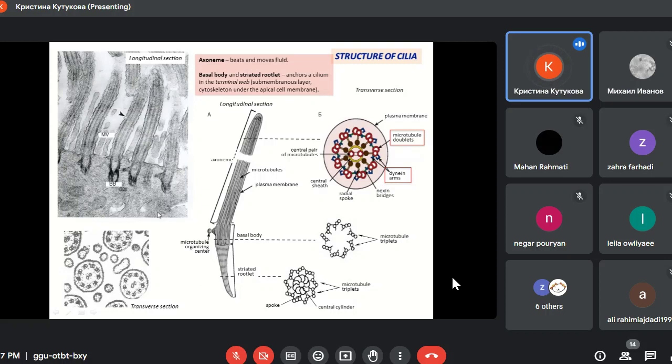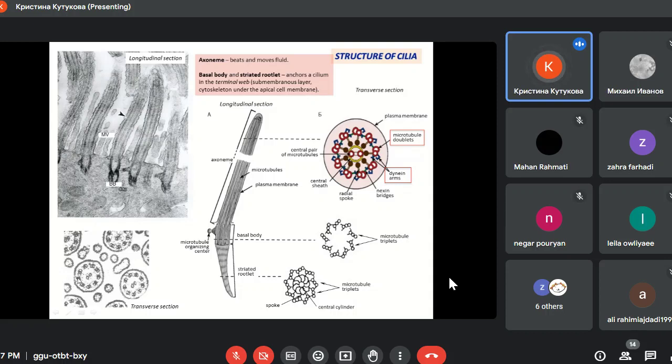The striated rootlet is attached inside the cytoplasm of a cell to the terminal web. If you remember, the terminal web is the network of elements of cytoskeleton of a cell, and one of the functions of this terminal web is to attach the cilia, if a cell has cilia.